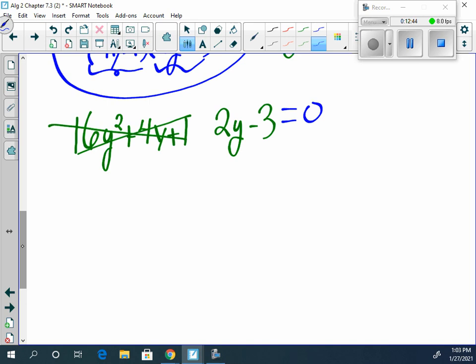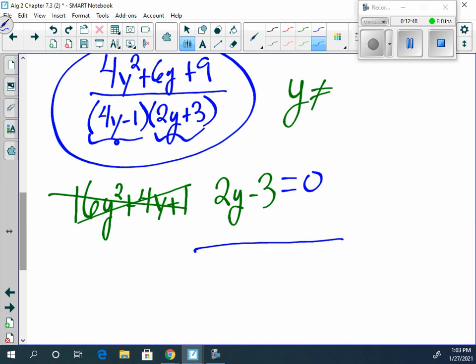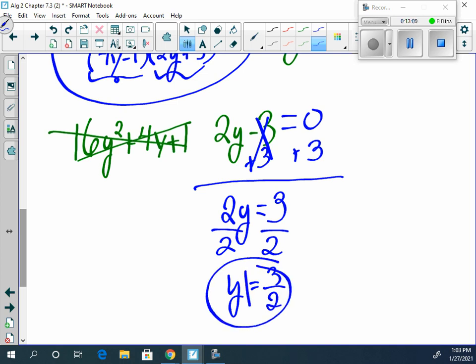Now, if we look at this here, 2y minus 3 equals 0. Well, if we were to solve this here, the first thing we would do is add 3 to both sides, because these would cancel. It'll tell me that 2y is equal to 3. And lastly, we would divide both sides by 2, telling us y is equal to 3/2.